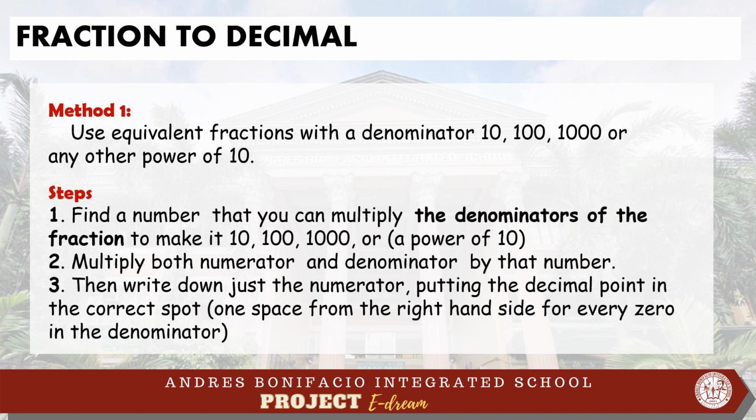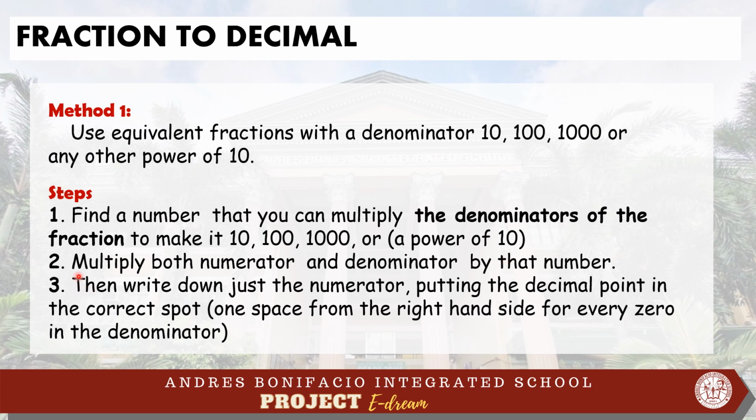So, the first one is, we are going to find a number that we can multiply the denominator of the fraction by to make it 10, 100, 1,000, or a power of 10. So, dito sa step 1 natin, maghahanap tayo ng certain number na imumultiply natin sa denominator to make it a power of 10.